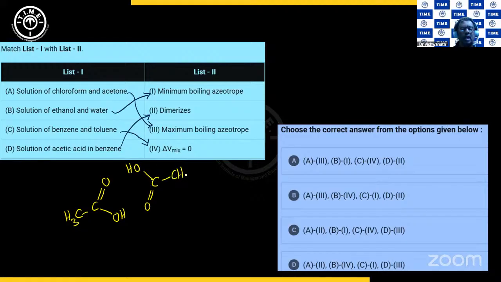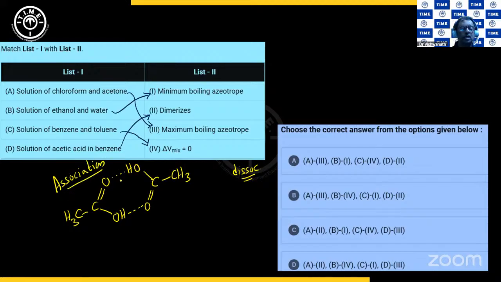It's a carboxylic acid, and carboxylic acid will undergo ionization. That happens in water. So in water, acetic acid will ionize, that is, dissociation. But here it is forming a dimer, coming under association. So acetic acid can associate in benzene, and dissociate in water.